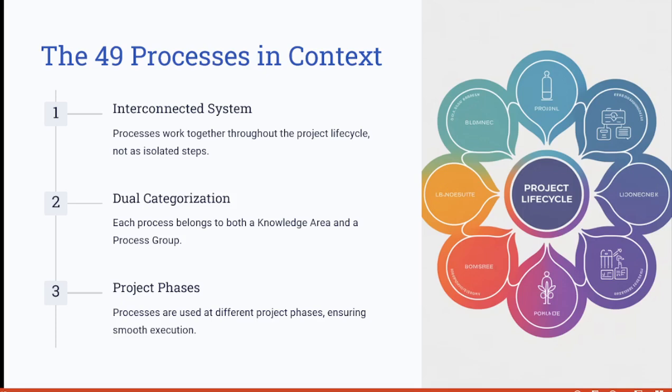For example, risk management as a knowledge area consists of multiple processes distributed across different phases of the project. Some processes, like identify risks, occur early in the planning process group, while others, like monitoring risks, appear in the monitoring and controlling process group and are continuously performed throughout the project. This structured approach ensures alignment, consistency, and efficient project execution.